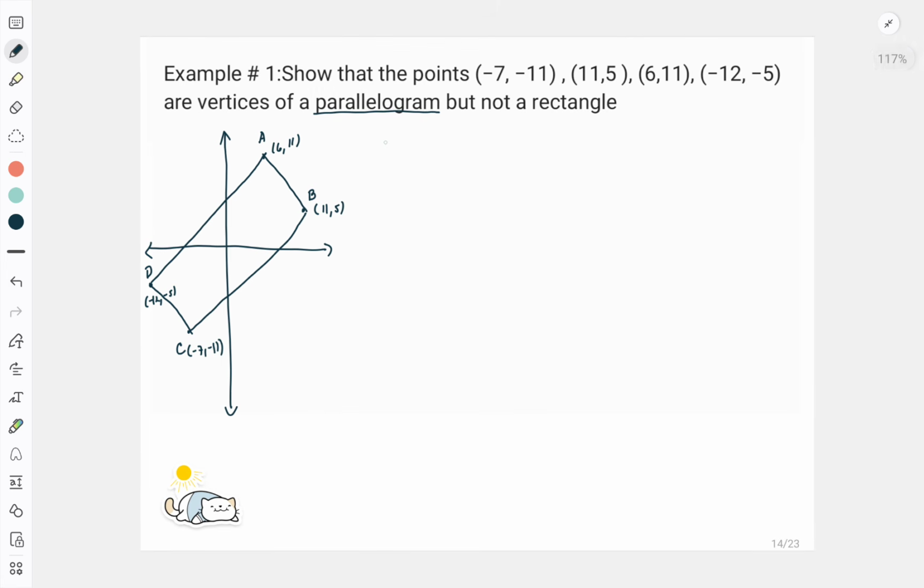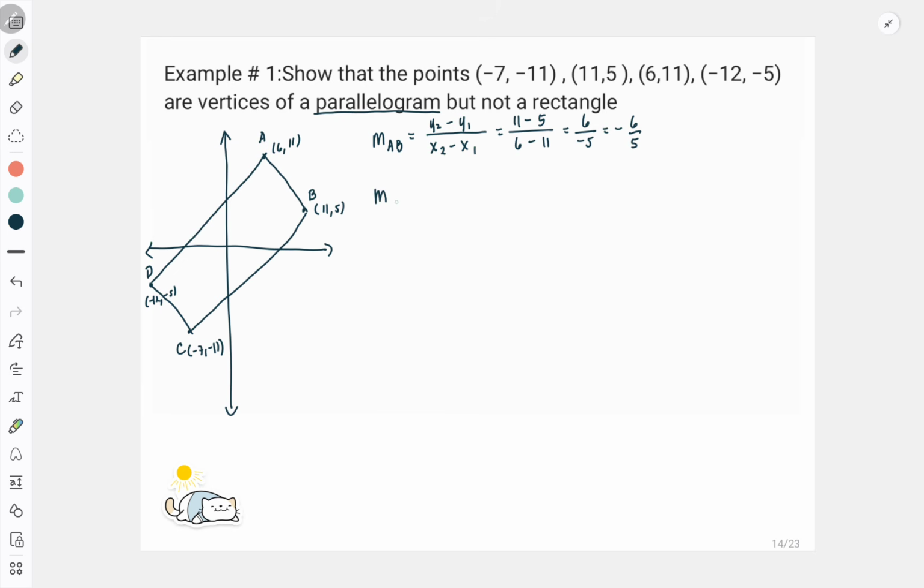For the first one, let's find the slope of AB. This is y sub 2 minus y sub 1 all over x sub 2 minus x sub 1. That's simply equal to 11 minus 5 over 6 minus 11, which is 6 over negative 5, so this is negative 6 fifths.